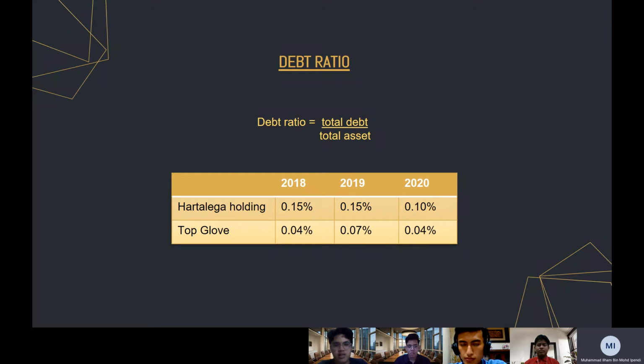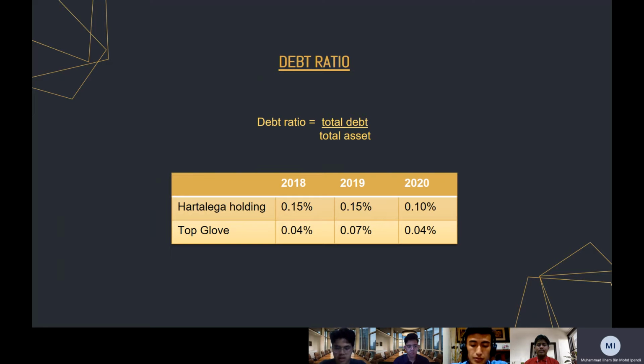The formula for debt ratio is total debt divided by total asset. The debt ratio for Harta Lega Holding in 2018 and 2019 was 0.50%, while in 2020 it is 0.10%.